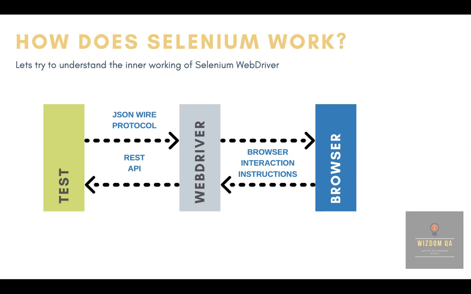Why are we using WebDriver? Because WebDriver is an open source automation tool that supports cross-browser testing. What is cross-browser testing? It means a test case that you're writing in Java for Chrome can be executed in Firefox on a different platform. So you have written a test case in a Chrome browser in Windows.